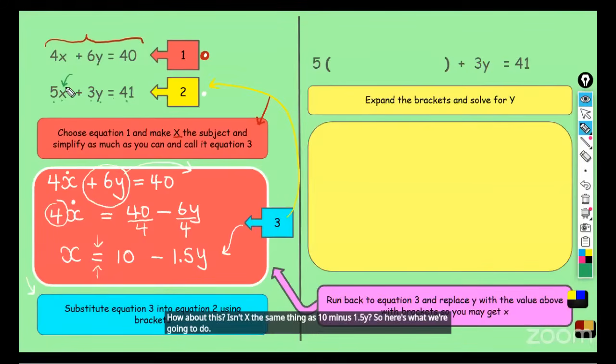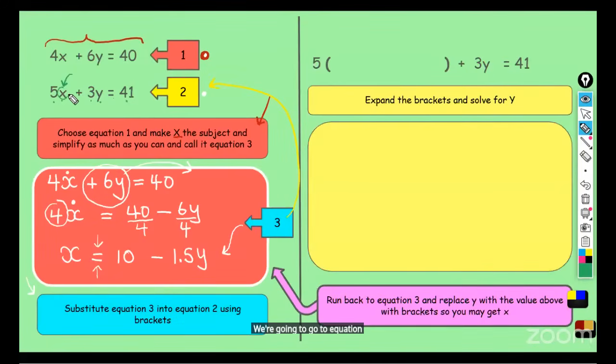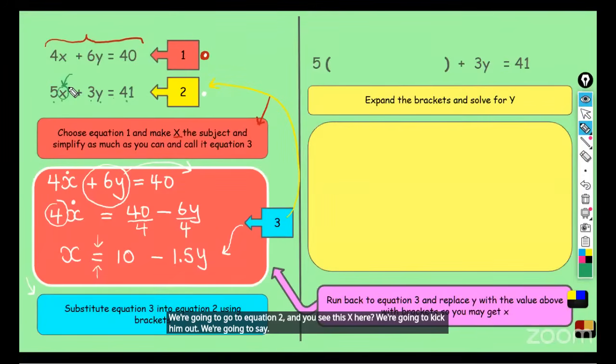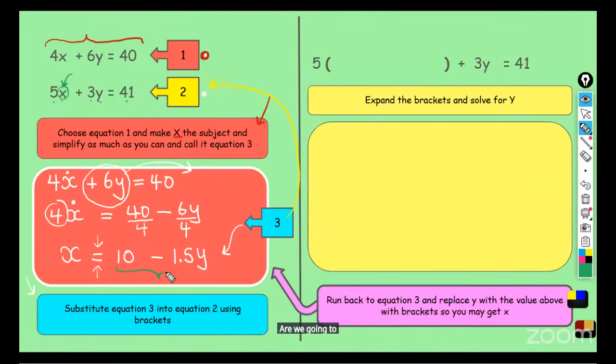We're going to go to equation 2, and you see this x here? We're going to kick him out. We're going to say, get out, Mr. X. We don't like you anymore. And we're going to replace it with 10 minus 1.5y. And nobody's supposed to complain, because x and 10 minus 1.5y is the same thing.